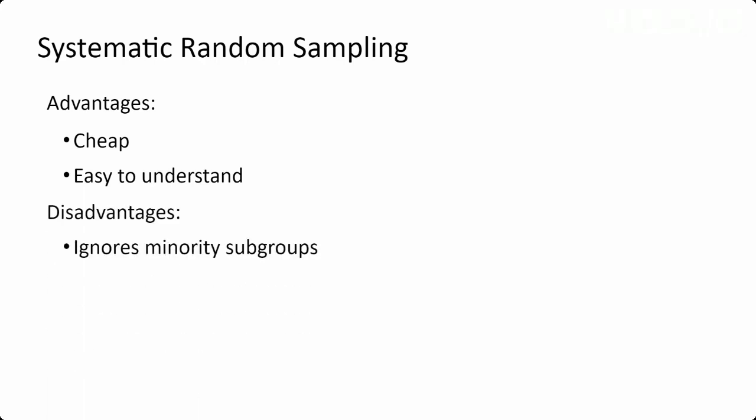Disadvantages are it ignores the minority subgroupings, just the same as what we had discussed under simple random sampling. And also, if the population size is unknown, it's very difficult for you to determine now the interval. Those are just examples which I can give for now.